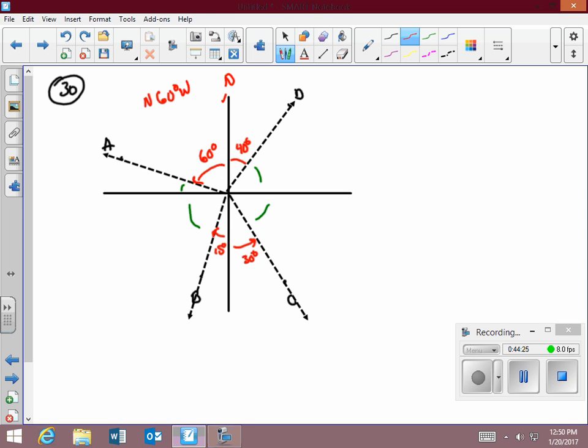Then this one would be north 40 degrees east. And then this one would be south 15 degrees west. And this would be south 30 degrees east.